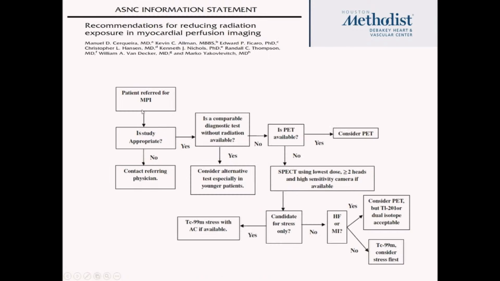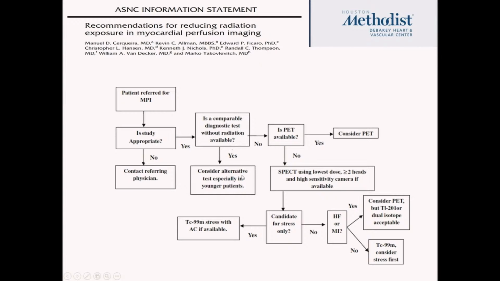And looking at these, that's why the ASNC guidelines and recommendation, this is my last slide, tells you that among patients referred for myocardial perfusion imaging, the 2 checks that you have to do: is the study appropriate? If yes, then you move on. Then the second one, do you have a comparable diagnostic study without radiation?